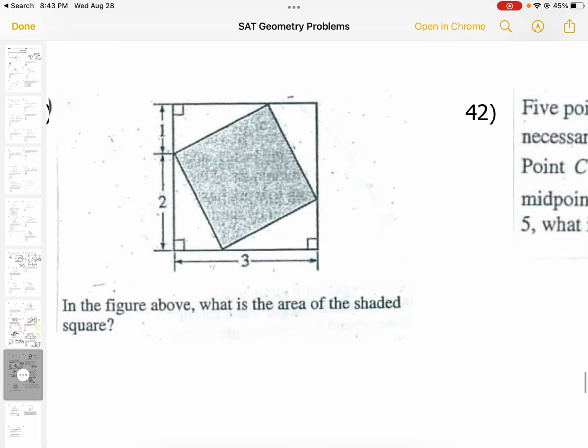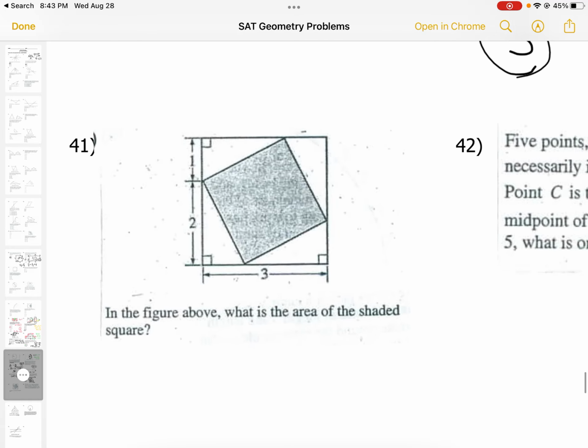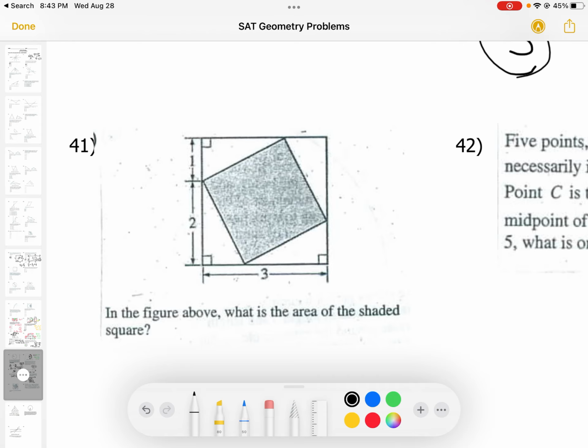Number 41. In the figure above, what is the area of the shaded square? Okay. So we have a square with side length 3, right?